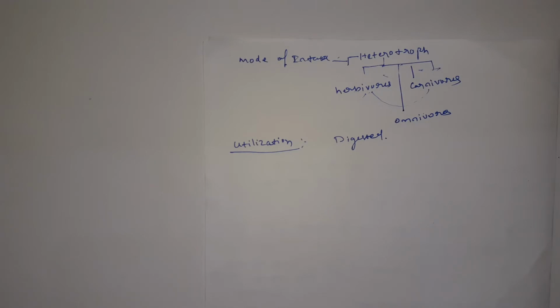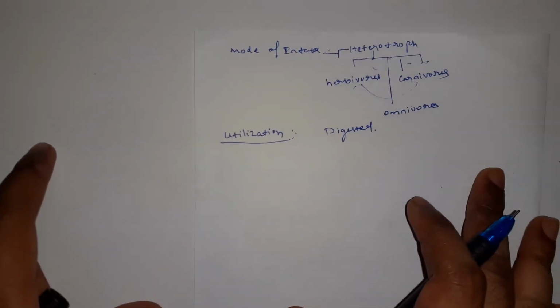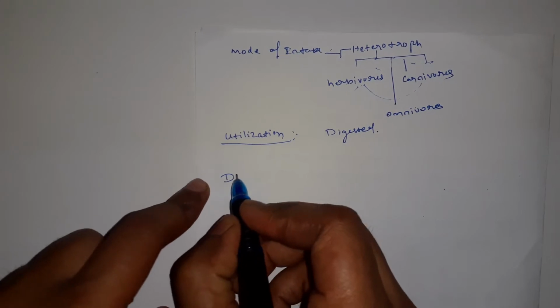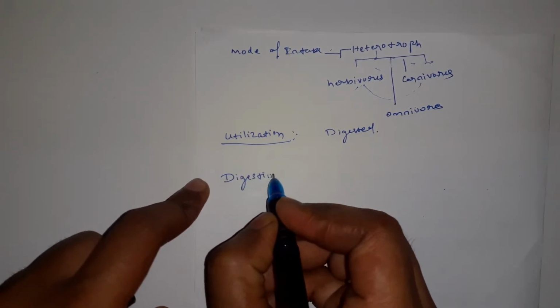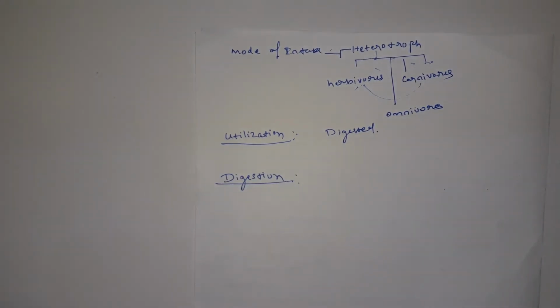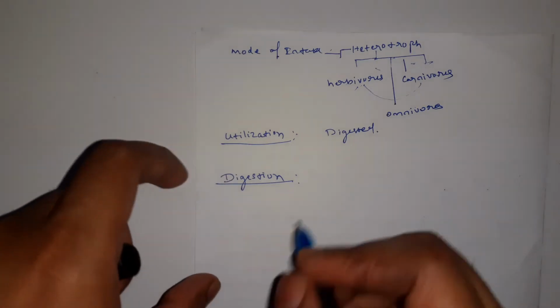So one important word we came up with here is digestion. It's a very important thing. What do you mean by digestion? Digestion is nothing but the breaking of a complex food particle into simple food particles.